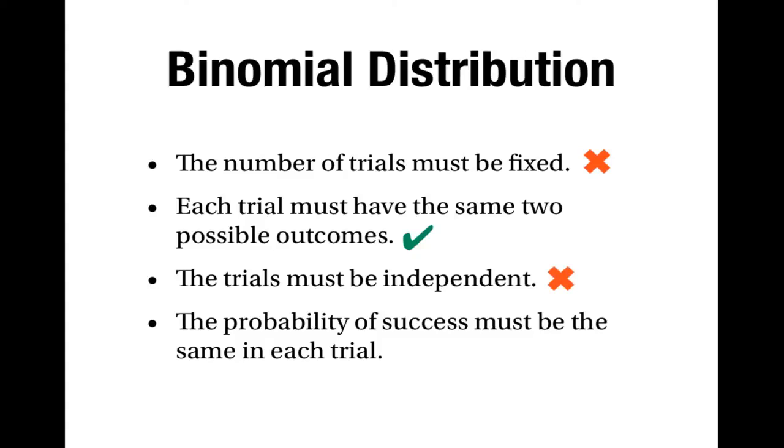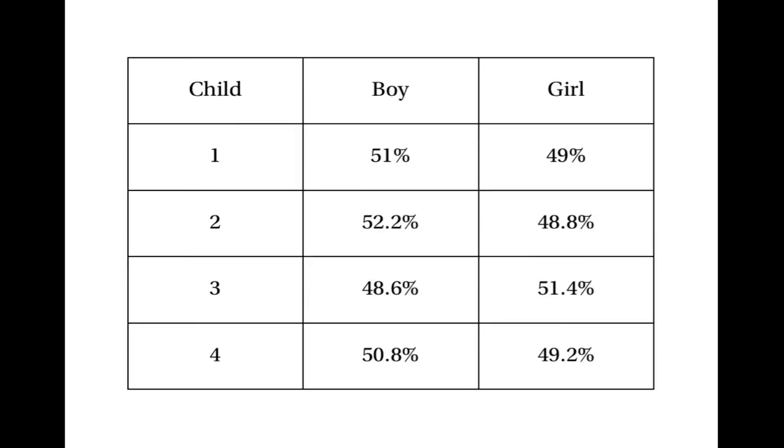It's also the case that the probability of success is not the same in each trial. You can see that if it's the first child, then the probability of having a girl is 49%, whereas if it's the second trial, it's only 48.8%, if it's the third child, it's 51.4%, and if it's the fourth child, then the probability is 49.2%.